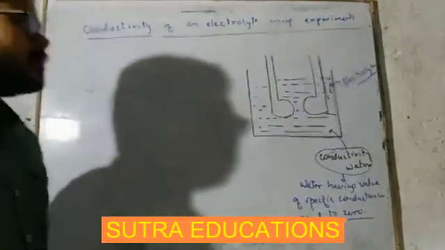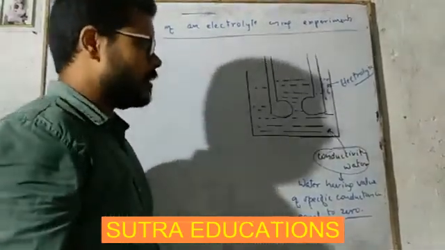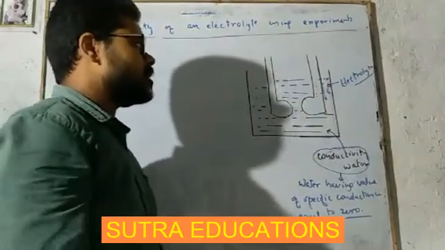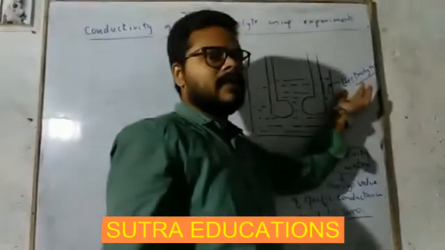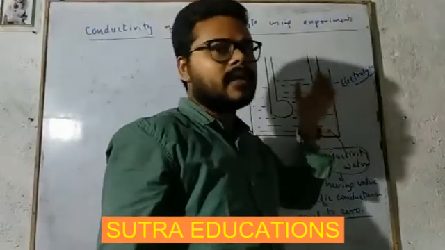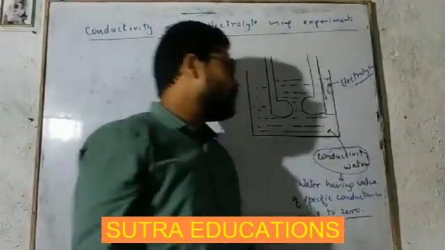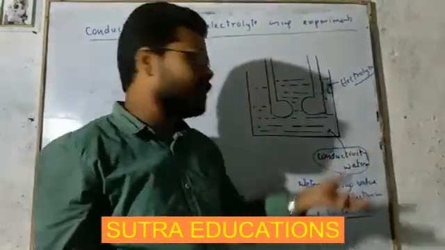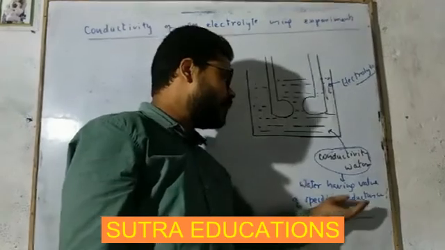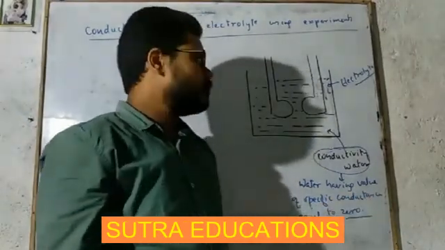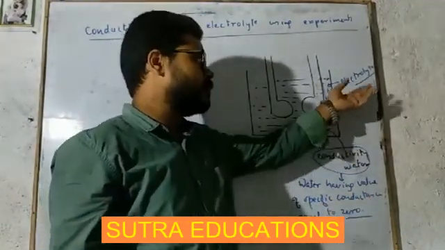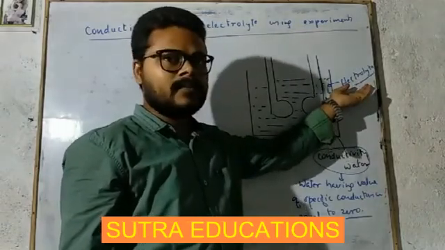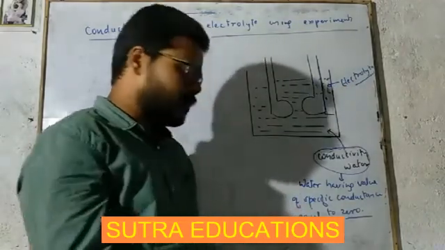Why are we using conductivity water in this case? Because we are going to measure the specific conductance of the electrolyte used in this conductivity cell. And suppose the water we are using has some specific conductance of its own. Then along with the specific conductance of the electrolyte, the specific conductance of water will be added.